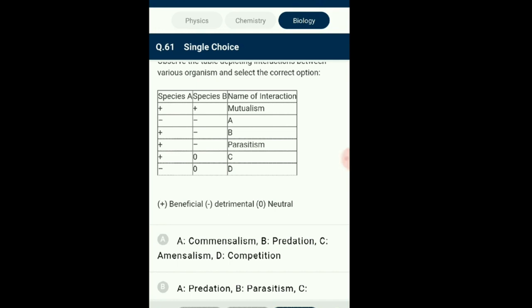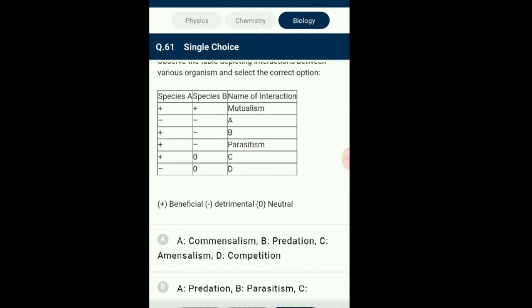In predation and parasitism, only one species, that is the predator or parasite, is benefited, but in predation the predator kills the prey, whereas in parasitism the parasite harms but does not kill its host. The interaction where one species is benefited and the other is neither benefited nor harmed is called commensalism. When one species is harmed and the other remains unaffected, the type of interaction is amensalism.